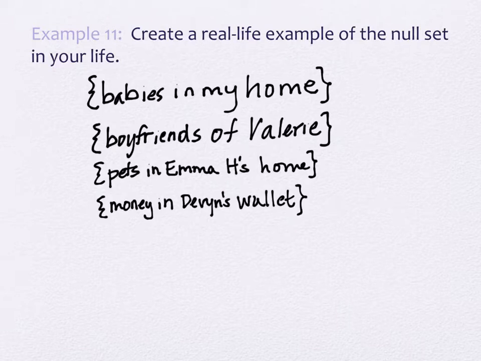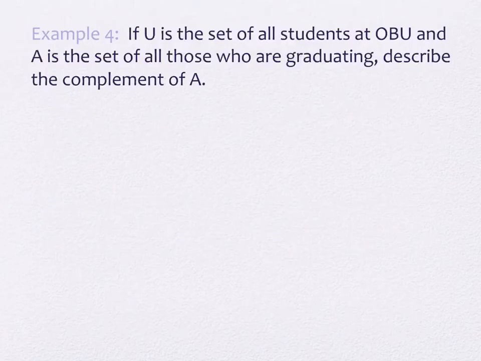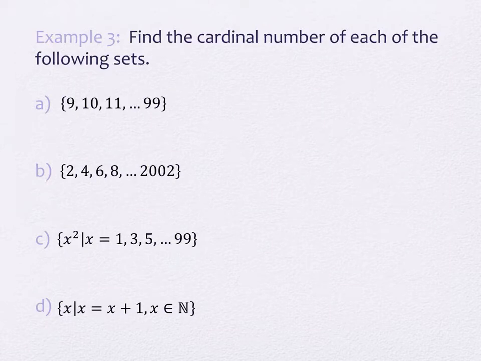Okay, so let's go back over here to the cardinality question. It was example number 3 where we left off. This problem asks us to find the cardinal number of each of the following sets. So the cardinal number means how many are in the set being described.